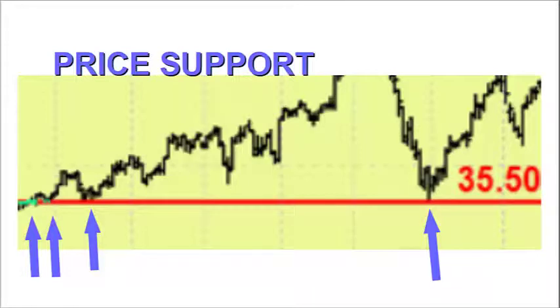And so when the price went up after that price support on the left side of the chart, then it came back down and hit exactly that same price level, in this case at $35.50 a share for the stock in question that we're tracking here. And so that defines for us once again that price support zone based on the trading low.